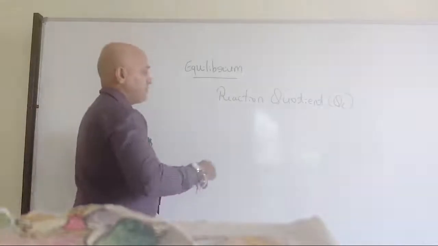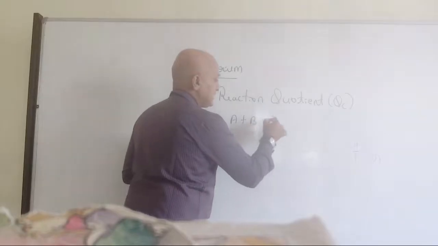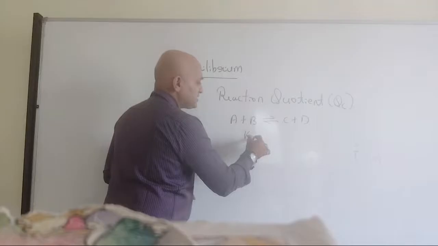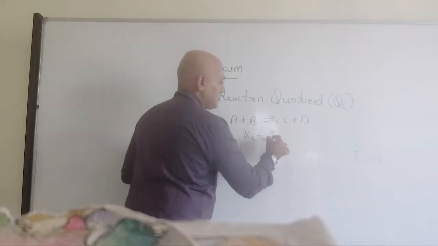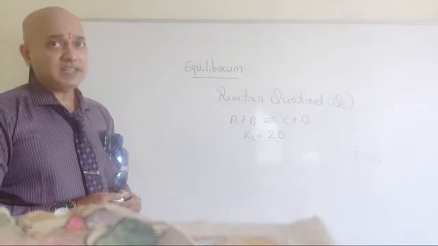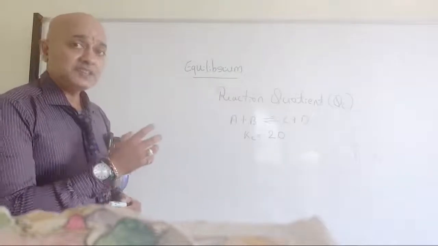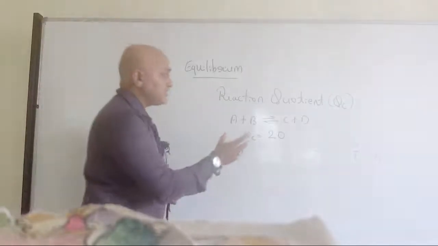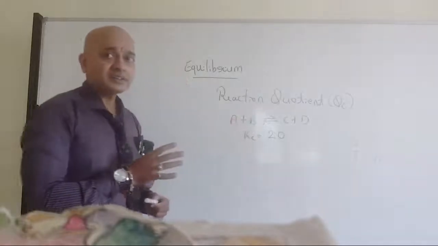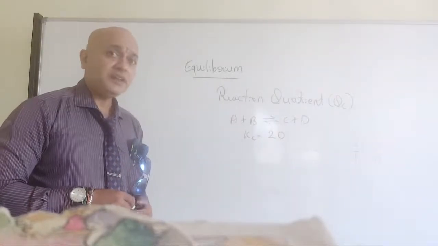For example, we have a reaction A plus B getting converted into C plus D. For this reaction, the Kc value is somewhere around 20. Simply I am giving the values, it will be 20. What I mean to tell here is, when Kc is 20, there is no further change in the reactant concentration and product concentration. It has reached equilibrium.